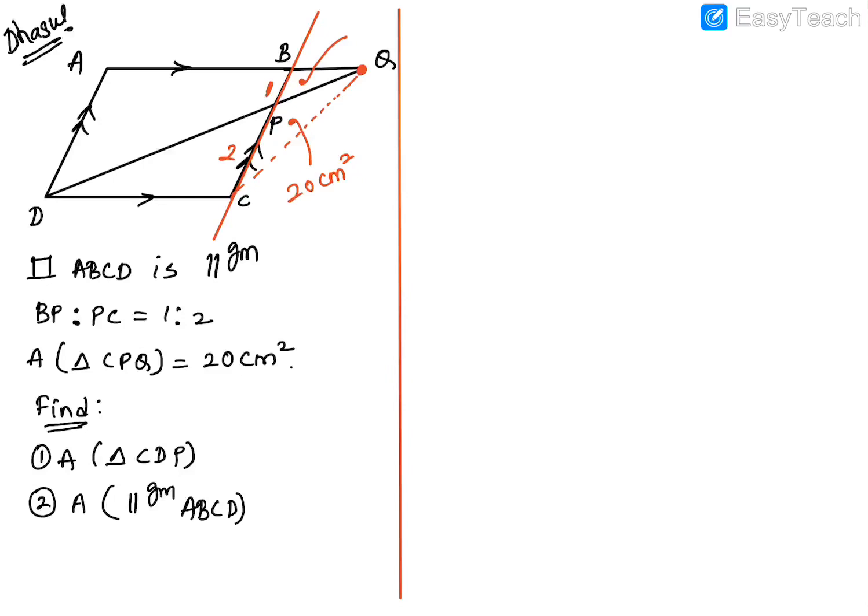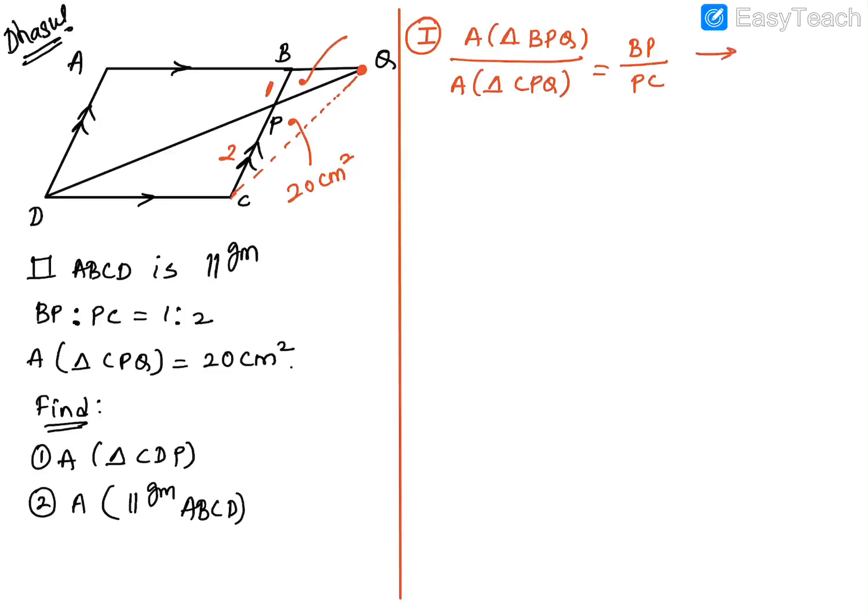Okay. So I'll just write down the statements now. We can say that area of triangle BPQ upon area of triangle CPQ is equal to BP upon PC. What will be the reason?